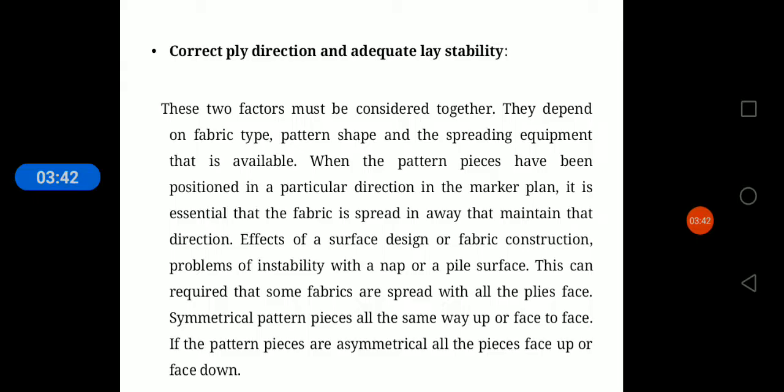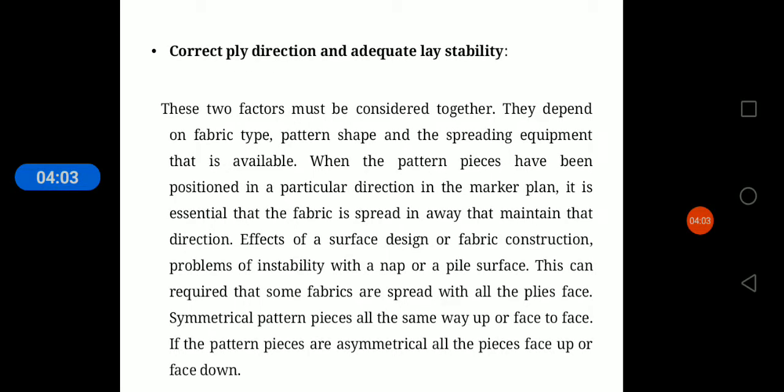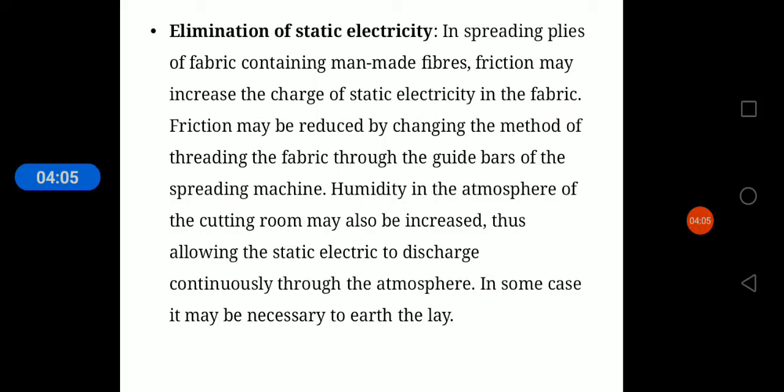So correct ply direction and lay stability are two factors considered together. According to the fabric type and pattern shape, the equipment will be available. In the particular direction of the marker plan, maintaining the spread direction is essential. It will be affected by the surface design, fabric construction, and pile surfaces, from face to face and face up to face down.